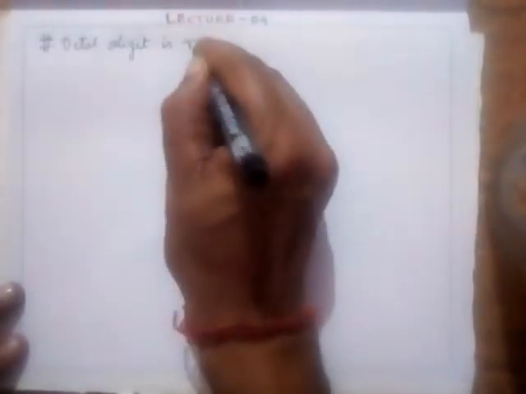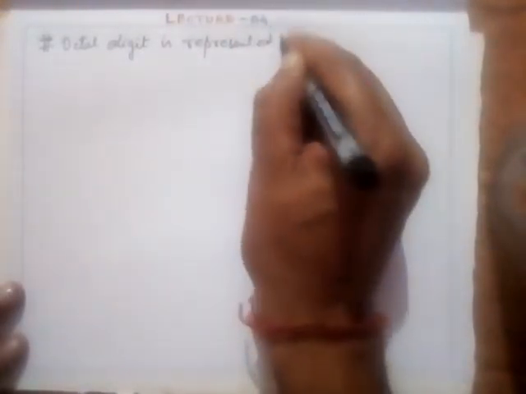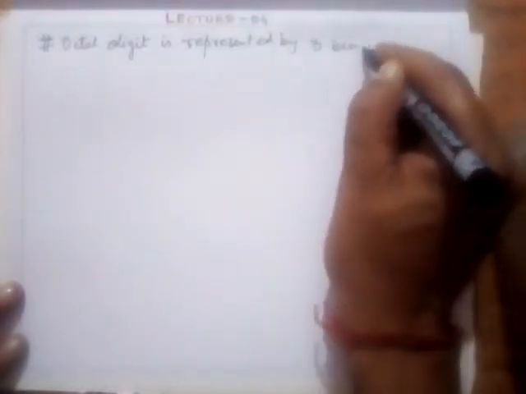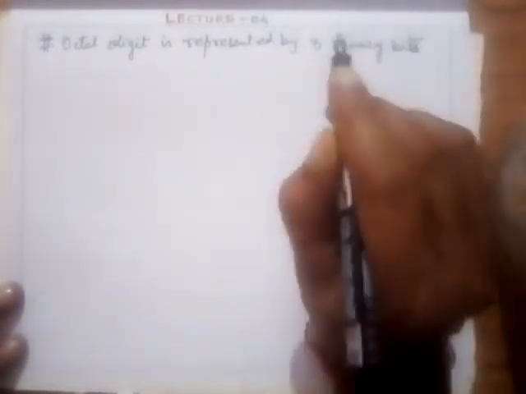So if I say octal to binary, my first point is that each octal digit is represented by 3 binary bits. This is the first point.